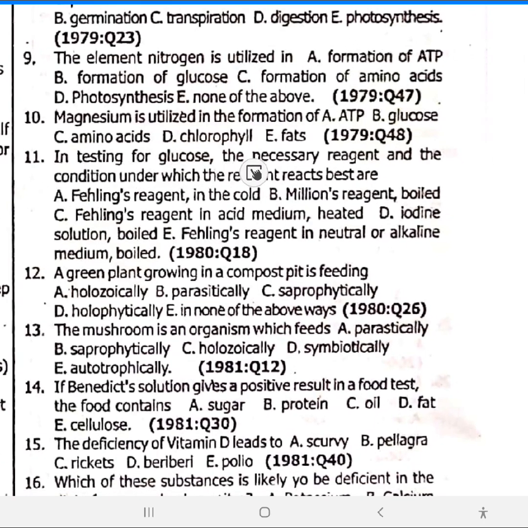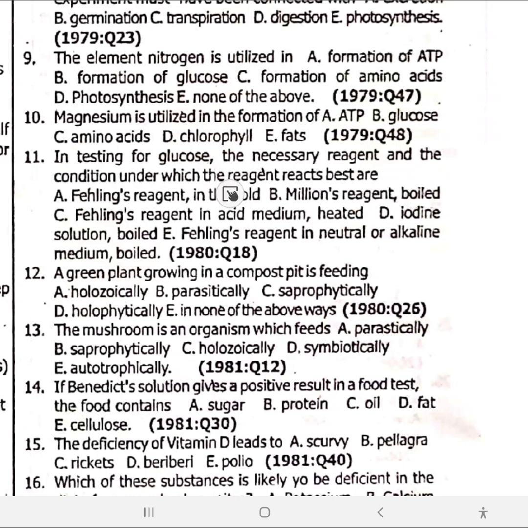Number 11. In testing for glucose, the necessary reagent and condition under which the reagent acts are, in testing for glucose. To test for glucose, sugar, you use Fehling's solution, right? To test for glucose or common sugars, you use Fehling's solution. Full stop. Now, let's be specific with this one.